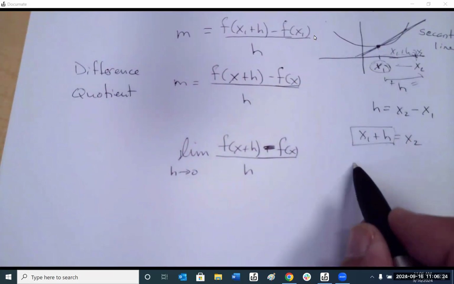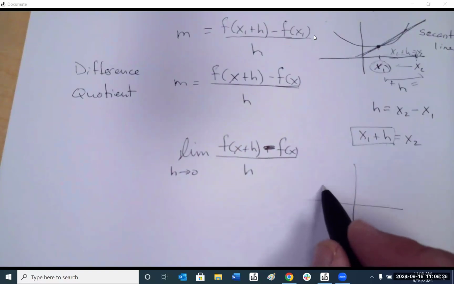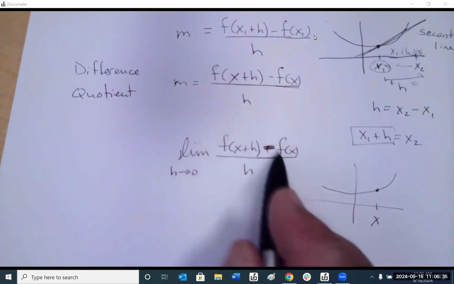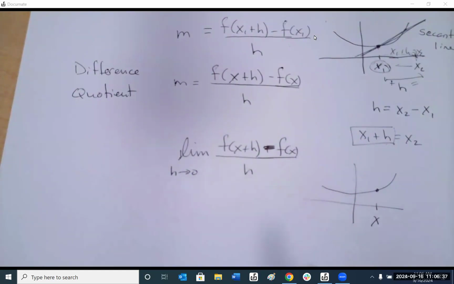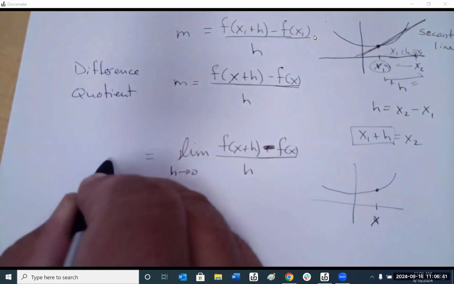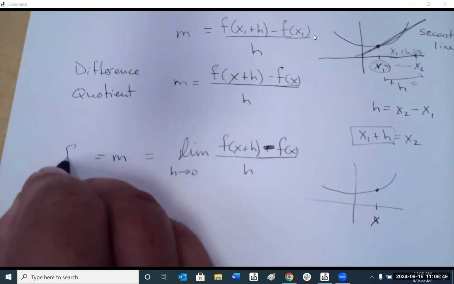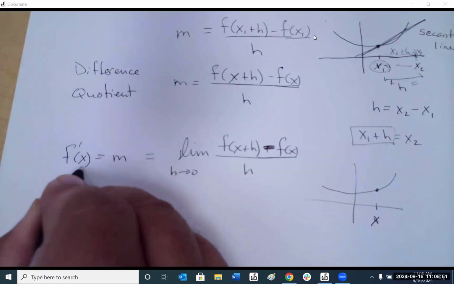So what that means, at any point x that I pick, I can plug into this difference quotient, take the limit as h goes to 0, and I have the slope of that curve at that point. It's got another name. It's called a derivative.